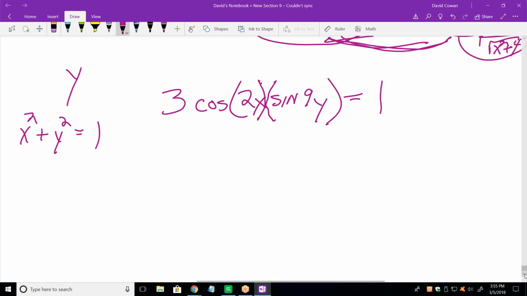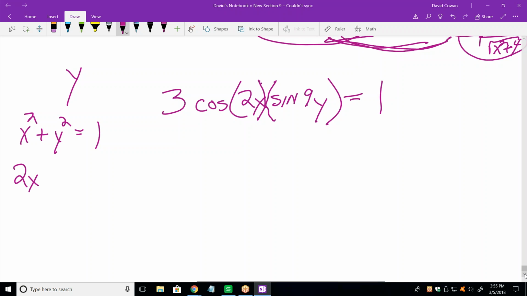But it turns out that implicit differentiation is actually what you always want to use, and it's not as hard as it sounds. If I want to find the derivative of the left side relative to x, when I come across a variable that's x, all I need to do is differentiate it.